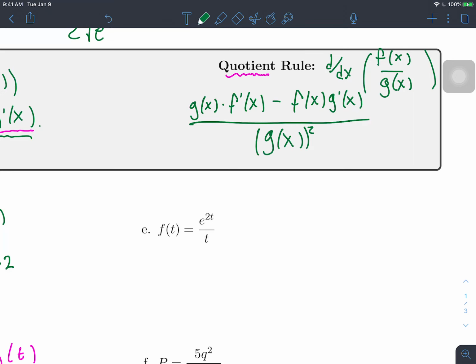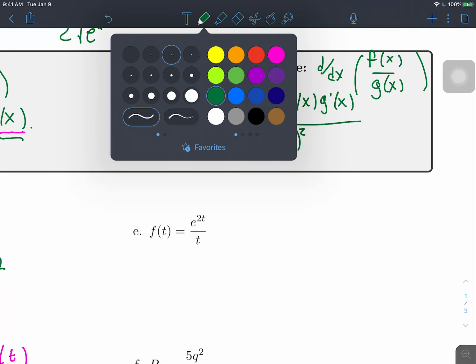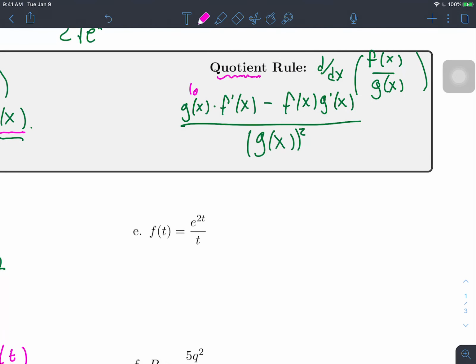Okay, so this is kind of a nasty formula. Here's a couple ways that people remember it. People sometimes call this low d high minus high d low, where low is representing the lower function in our fraction, and high is representing the higher up one that's in the numerator. All over low squared. Sometimes that's how people remember it. I think there are some other mnemonic devices, but I don't know them.